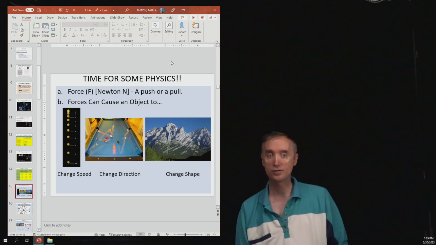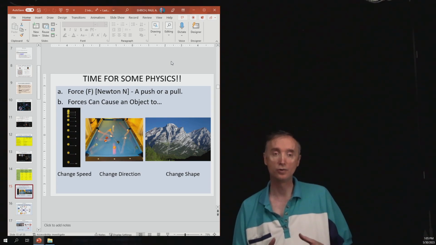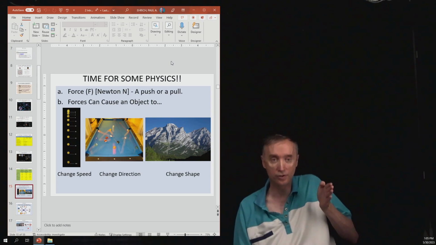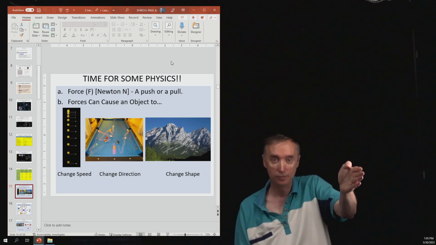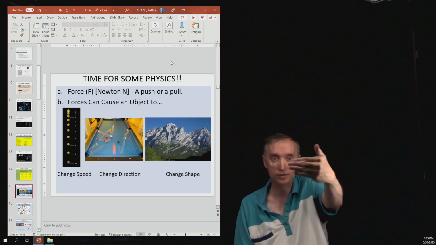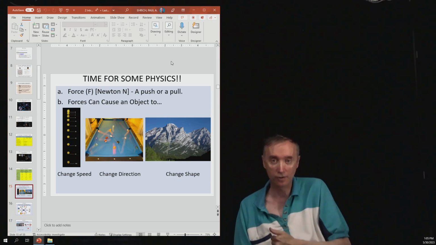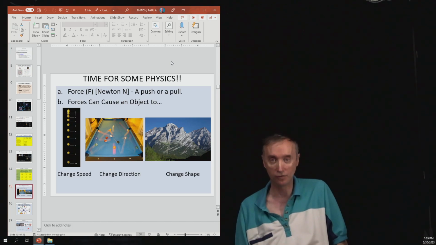It can also change the direction of an object. For example, the Moon goes around the Earth because of the force of gravity. If there was no force acting on the Moon, it would go in a straight line. The reason it curves and goes around the Earth is that it's experiencing a force, and that force is changing the direction of the Moon.